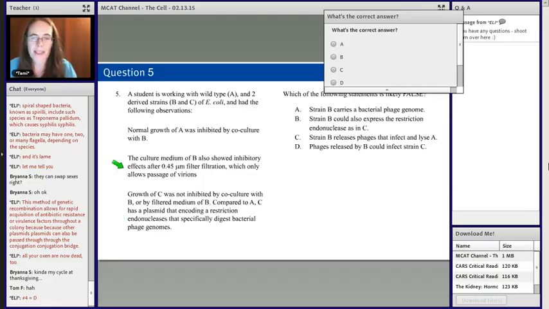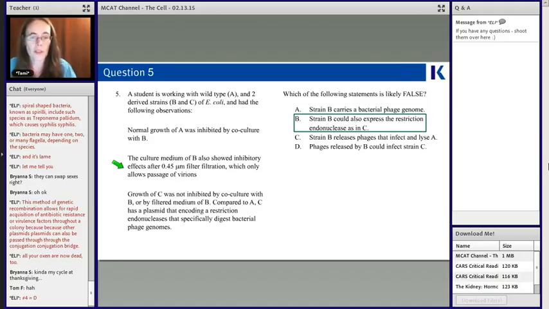So that is absolutely false. Strain B releases phages that infect A. This is true. The phages released by B could infect strain C. This is true. Could infect it, but it doesn't matter because it has that ability to have the endonucleases. So that one is B.